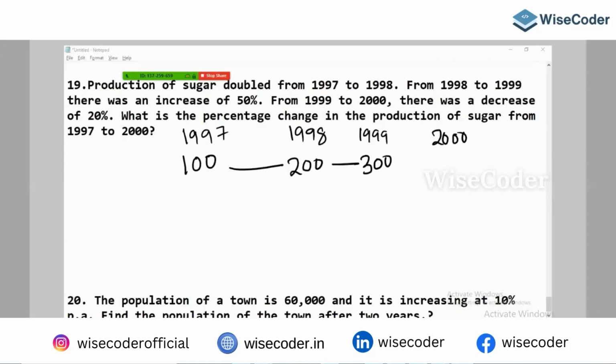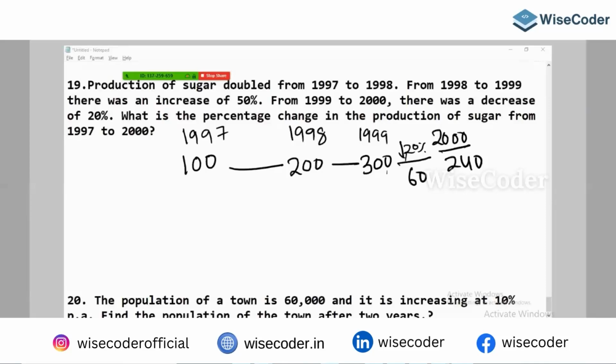From 1999 to 2000, there was a decrease of 20%. So you need to calculate 20% of 300, which is 60. If you reduce 60, it's going to be 240.